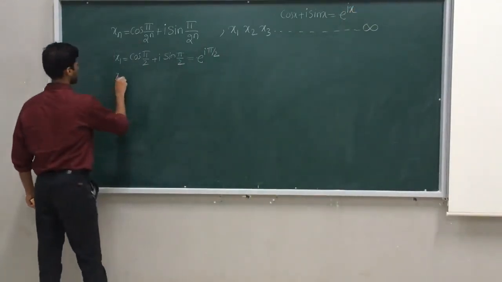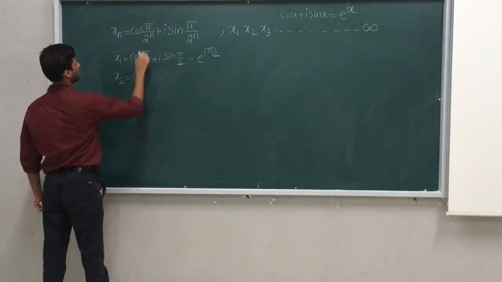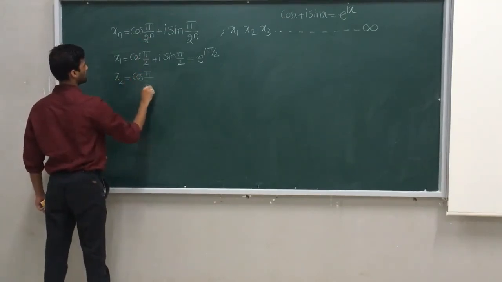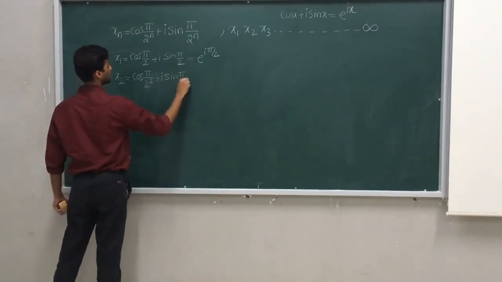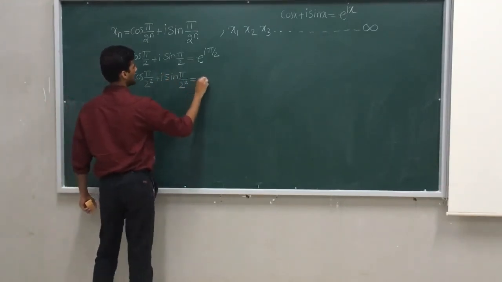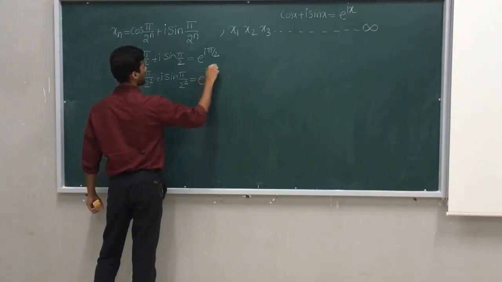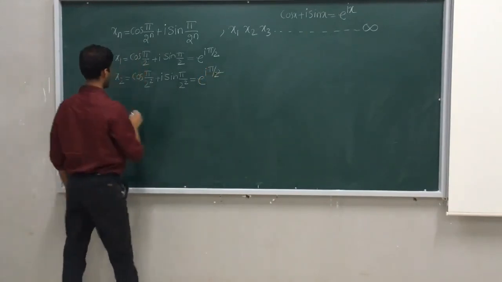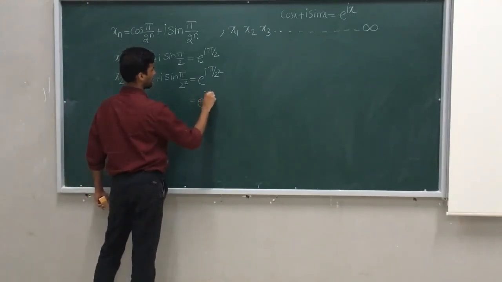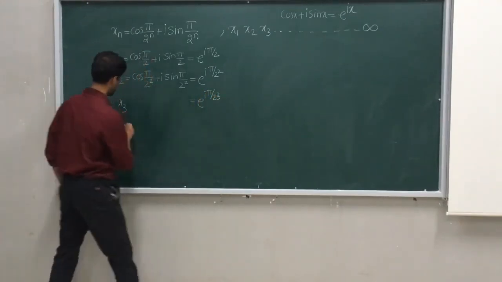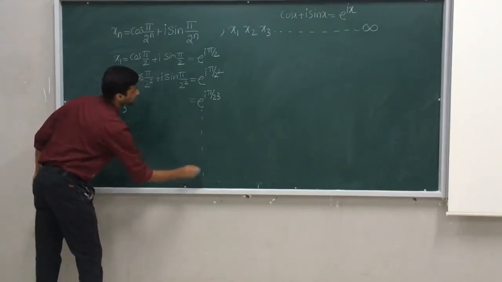Similarly, what is x2? Put n equals 2: cos (pi by 2) square plus i sin (pi by 2) square, which is e power i (pi by 2) square. Similarly, x3 I can guess is e power i (pi by 2) cube, and so on.